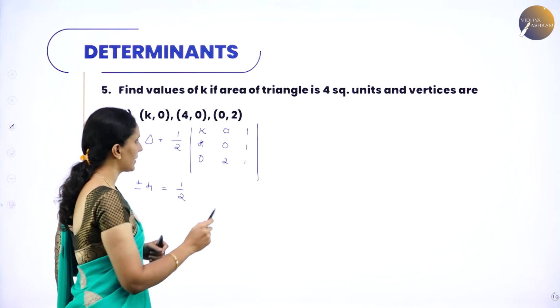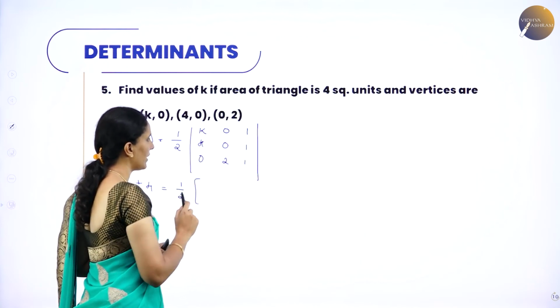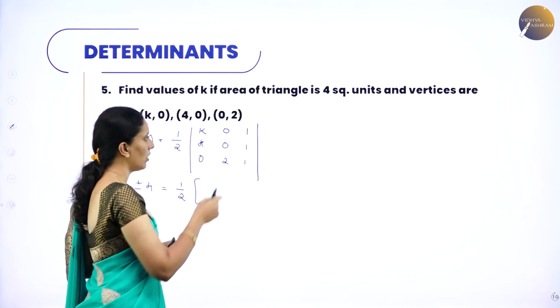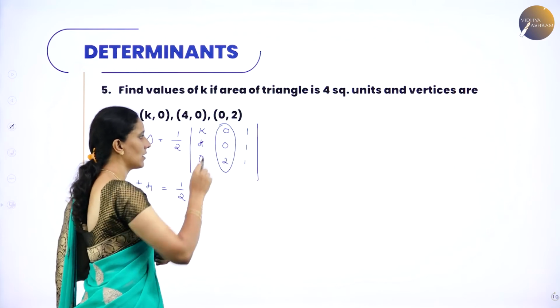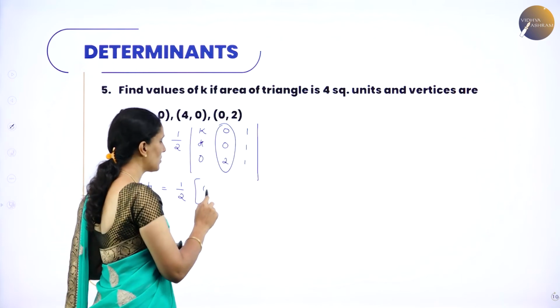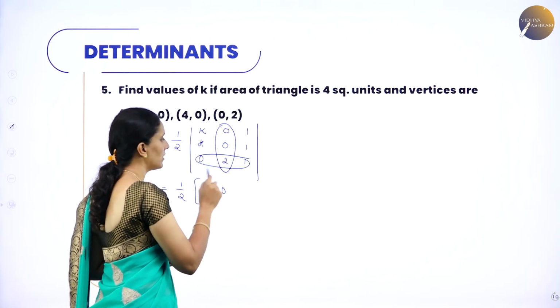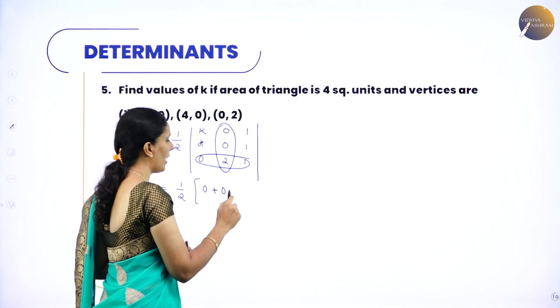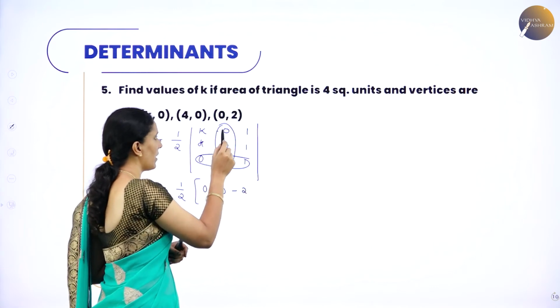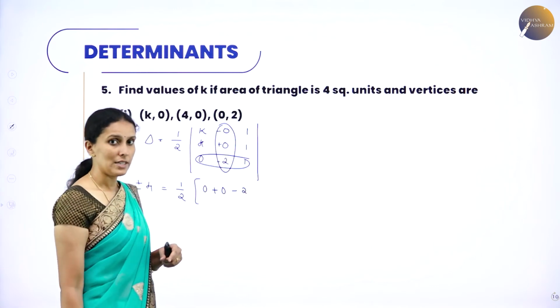And here we have 1 by 2. So, here we can expand. If you expand it with any one of the rows or columns, you can easily take this column to expand. The first two elements are 0, so consider only this 2. Delete the row, delete the column. Then you have minus 2 because it is minus plus minus for the second column.